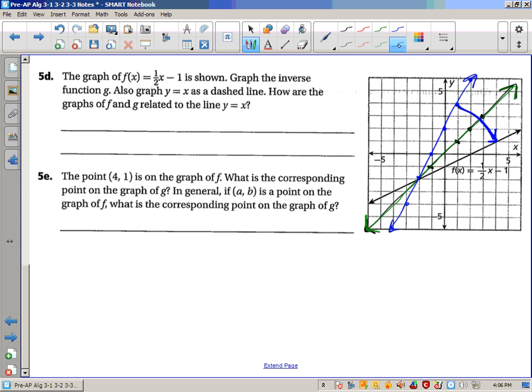The corresponding point on the graph of g would be switching the x's and y's, 1, 4. So if A, B is a point on the graph of f, the original function, the corresponding point on the graph of g will be B, A, switching the x's and y's. So that is the inverse of a function.